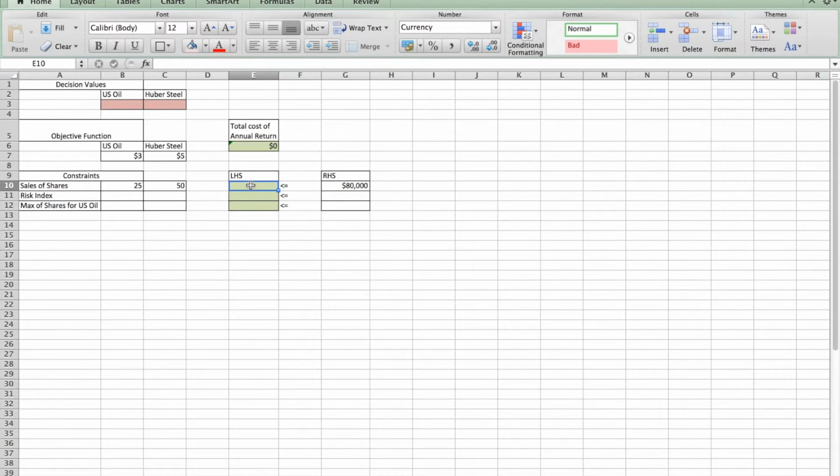So the number that is less than or equal to 80,000, and it will be multiplied from this to this as well. So here, we're going to put the number of shares of US Oil multiplied by 25 plus the number of shares for Hoover Steel multiplied by 50.